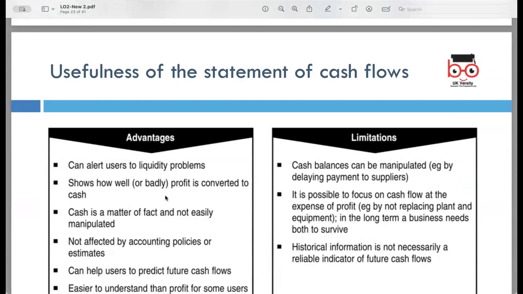Conversion of profit shows how effectively profit is converted into cash, which is crucial for assessing financial health. Objective nature: cash flows are factual and less susceptible to manipulation compared to accounting profit.